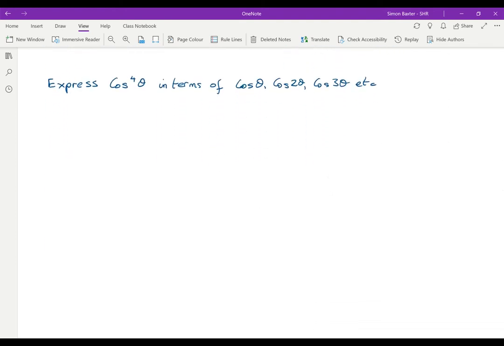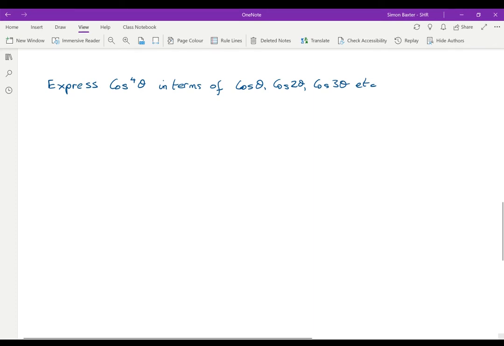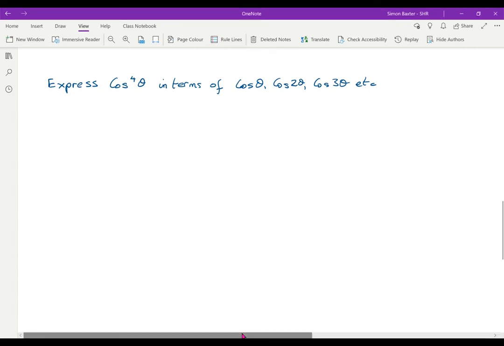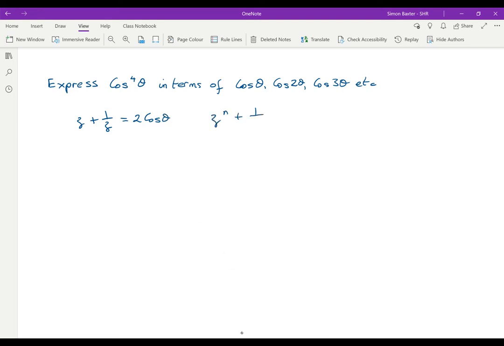Express cos to the power 4 theta in terms of cos theta, cos 2 theta, cos 3 theta, etc. We will need for this the two results from above, that z plus 1 over z is 2 cos theta, and we shall also need that z to the n plus 1 over z to the n is 2 cos n theta.